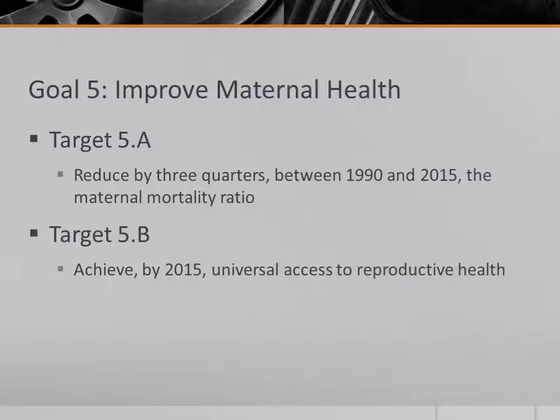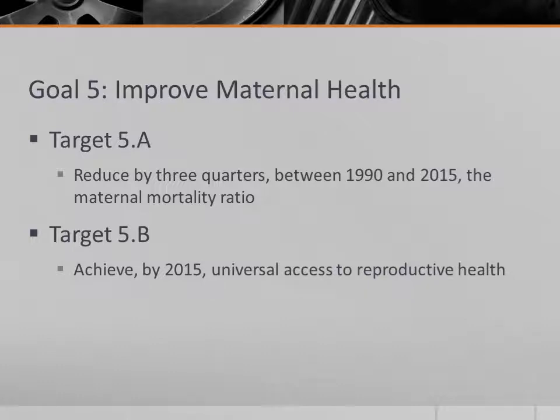And so the maternal mortality rate has been cut nearly in half since 1990. But in 2013, still 289,000 mothers died during childbirth. Remember, they wanted to reduce it by 3/4. It has been cut nearly in half, so didn't quite meet that.